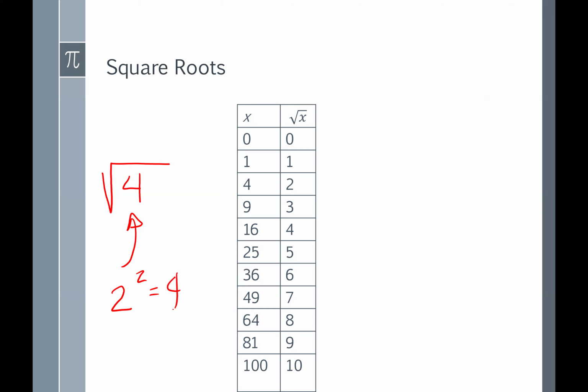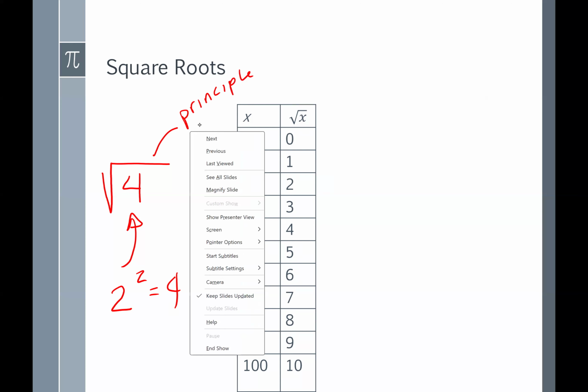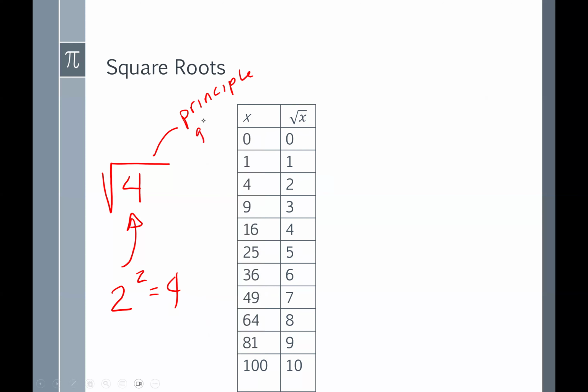And that symbol means square root. And it actually means the principal square root, which means that it's positive. So when I take the square root of something, I get a positive number.